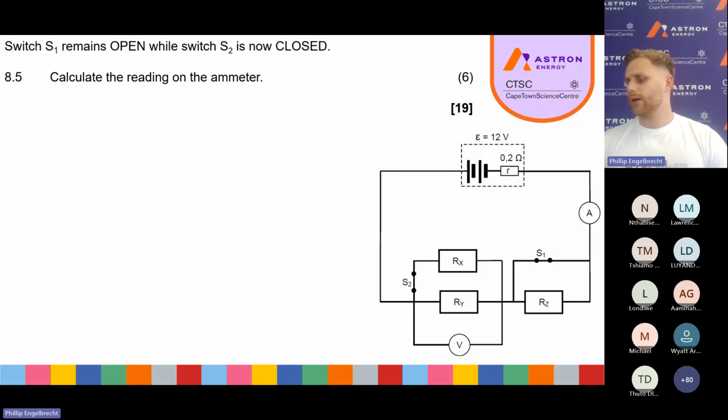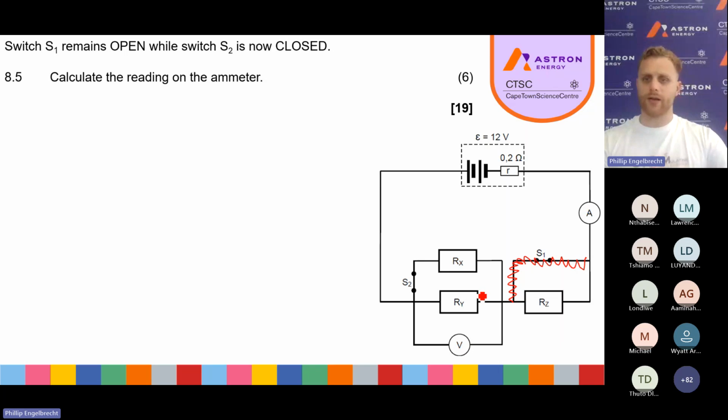Okay. What does it say? It says switch S remains open, but switch S1 remains open while switch S2 is now closed. Okay. So we still have no more current going through here. However, this one is now closed.